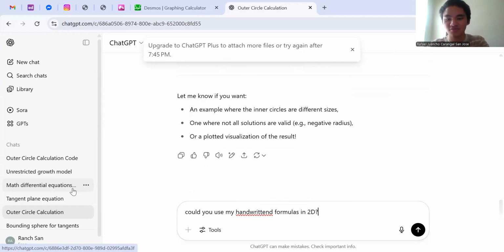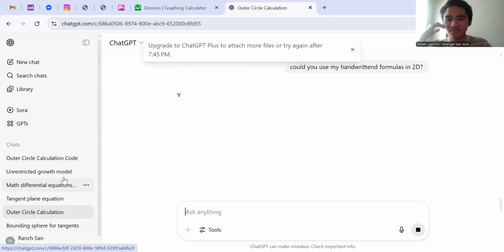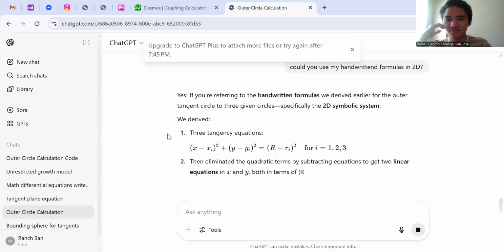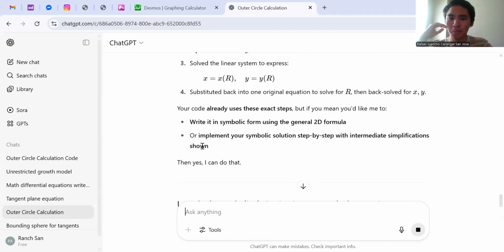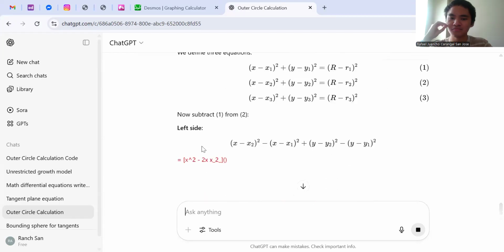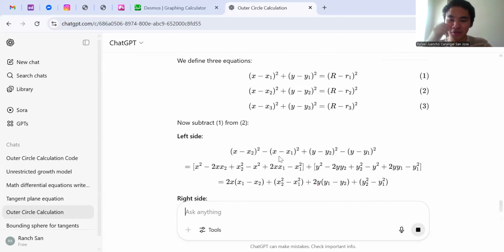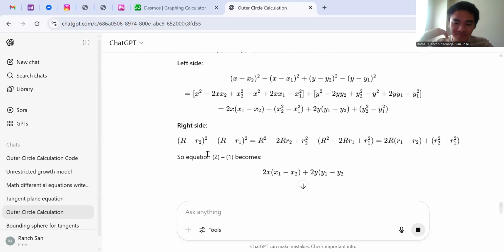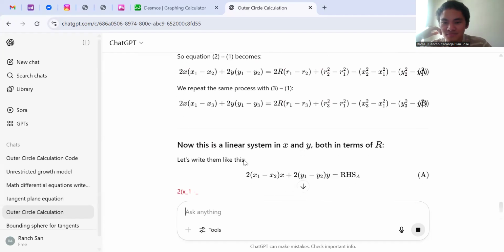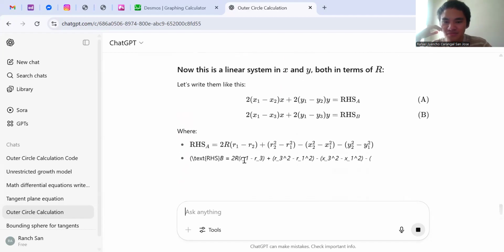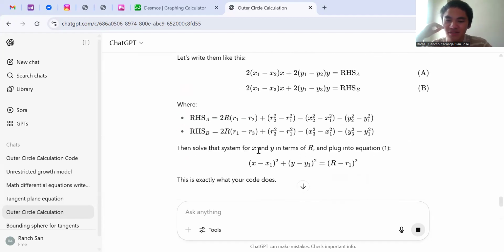Or does it remember? Yeah, okay. Okay, it's getting the same thing.